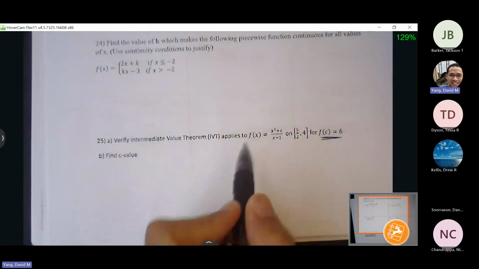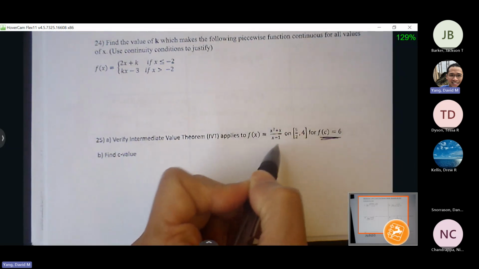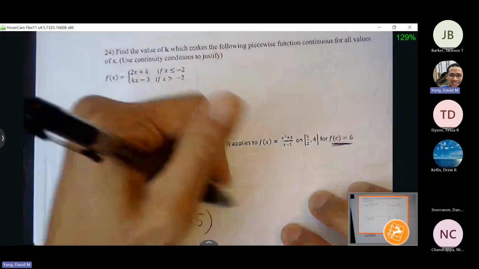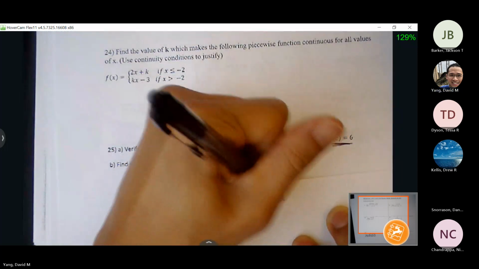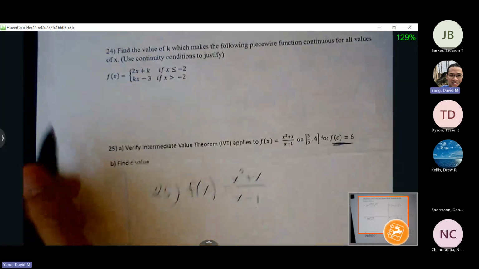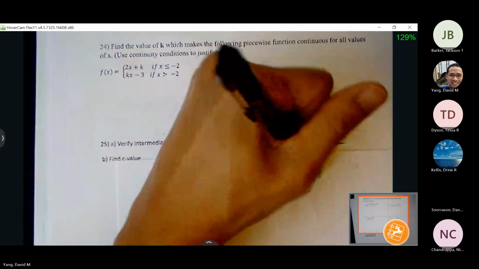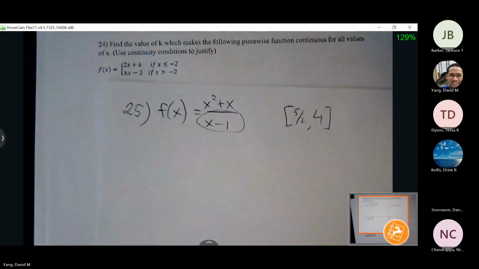First things first, we want to know if there are any continuity issues on our function. So where do we look for discontinuities? In the denominator, right? We look at the denominator and ask, where is our discontinuity? At x equals 1.